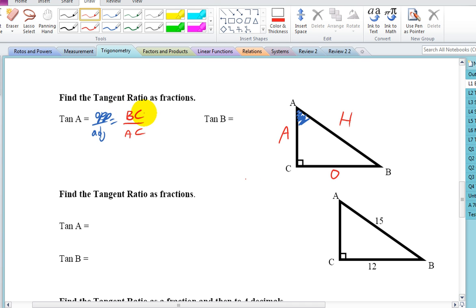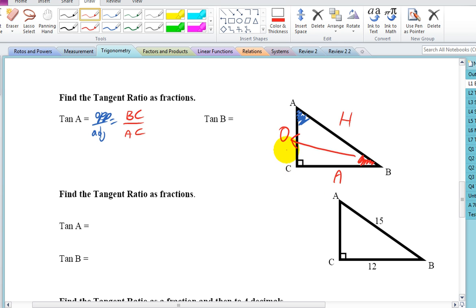Okay, what about tangent B? Now, for tangent B, guess what you have to do with your HOA? Switch it, because this is not the opposite side according to B. So that's not the adjacent side. So for tan B, these guys have to switch. This here becomes A, and this here becomes O. So when you switch angles, you switch your HOA.